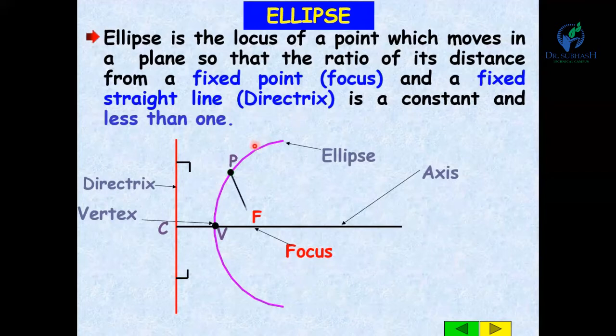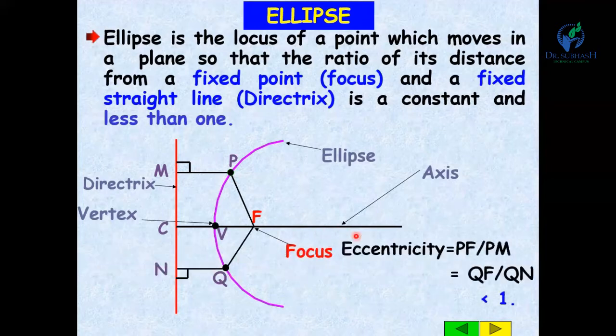So PF, PM, another point Q, QF, QN. As per the definition, eccentricity is equal to PF upon PM is equal to QF upon QN, and is always less than 1. It means this distance VF is less than VC. So in an ellipse, the eccentricity is always less than 1.